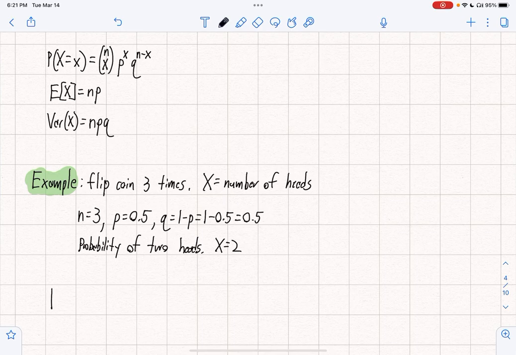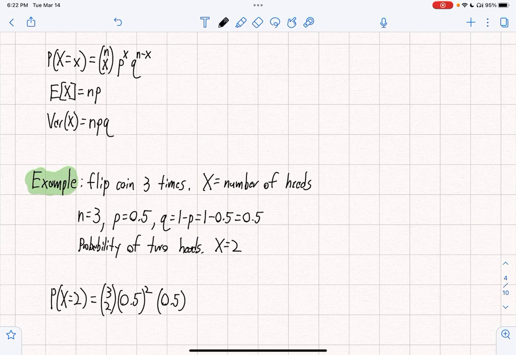we have the probability that X is equal to 2 is equal to, so N here is 3, choose 2. Probability of success P, which we found to be 0.5. So how many successes do we want? We want 2. And then Q, which is also 0.5 in this case, we would raise to the n minus x. So the n here is 3 minus 2.